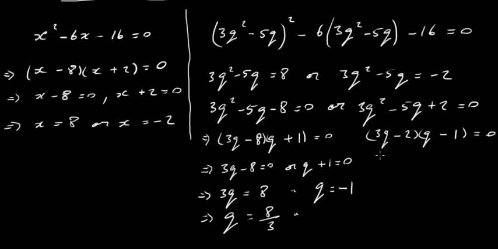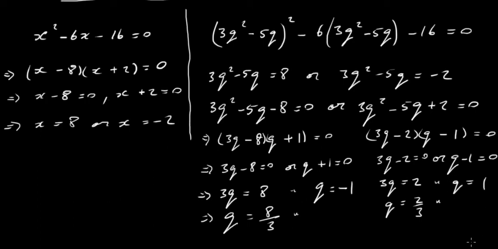So here I end up with 3q minus 2 is equal to 0, or q minus 1 is equal to 0. This will give me 3q is equal to 2. Add 2 to both sides. That will give me q is equal to 2 over 3. Here I'm just going to end up with add 1 to both sides, so I'm going to end up with q is equal to 1.